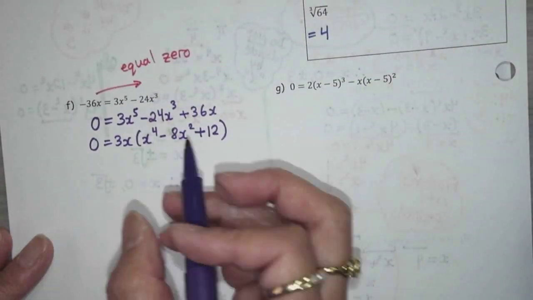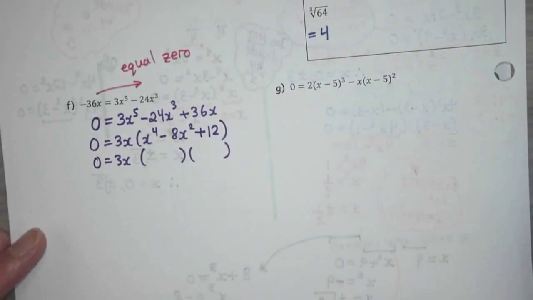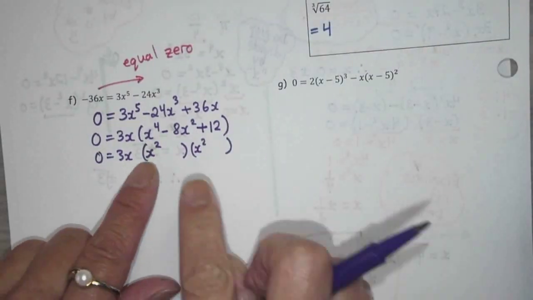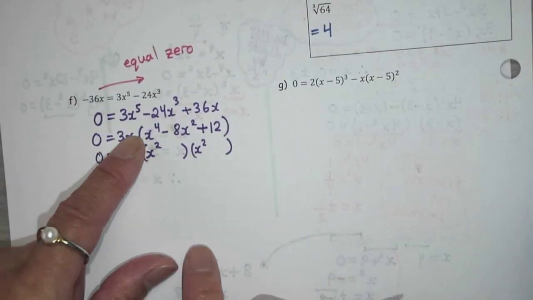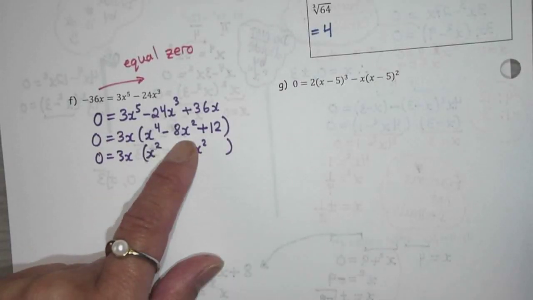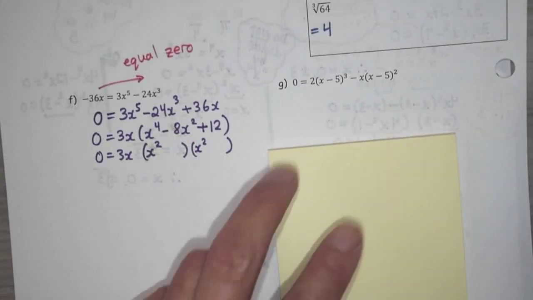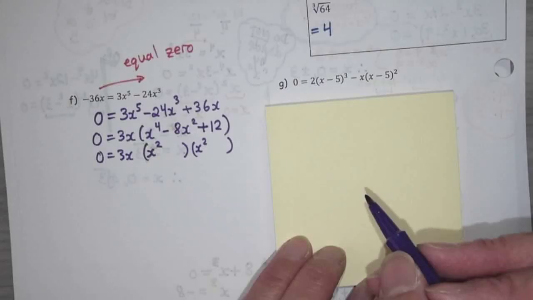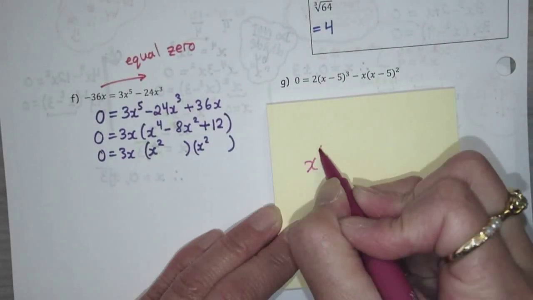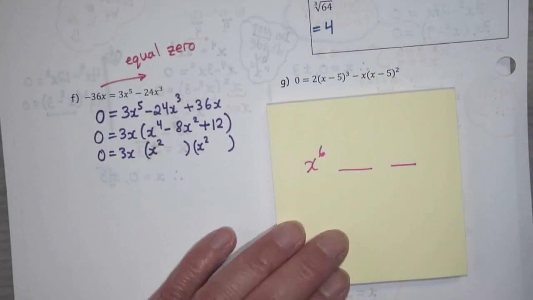Okay, so my first method, I would probably go, oh, I could factor that. Usually that's the one that you can see a little bit better. How do I know I can factor it? Because it's x squared and x squared, which gets me x to the 4, and the middle term is just x squared. Does that make sense? So if I was to give you x to the 6, what would the next two terms have to be to make it a trinomial?